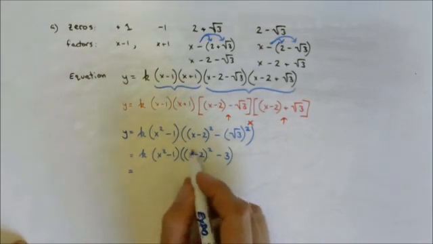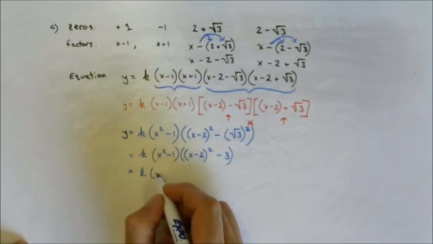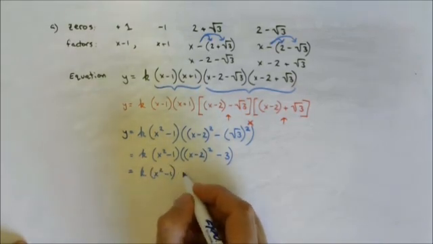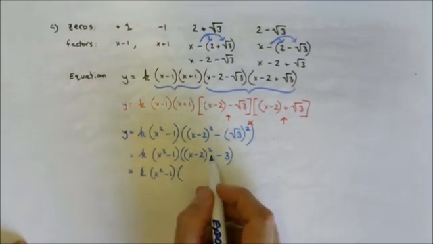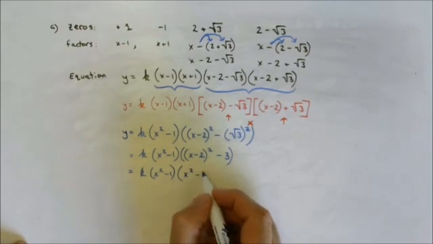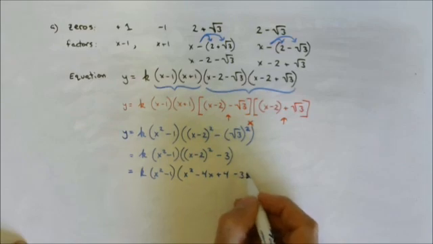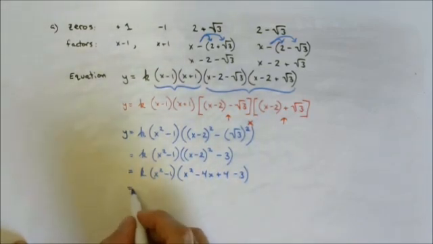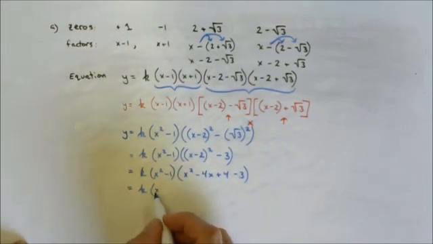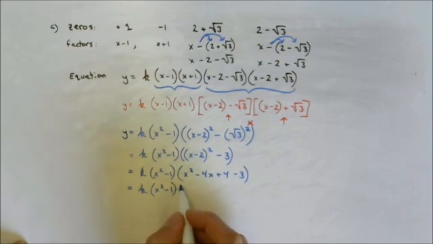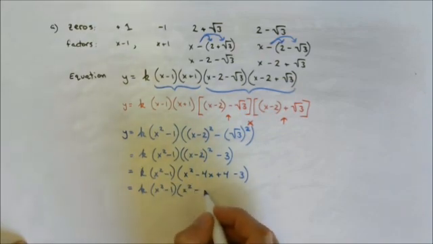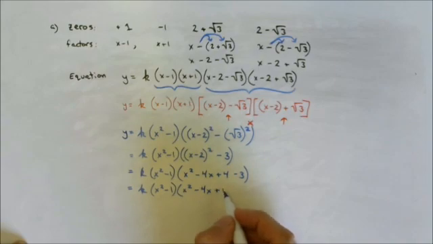We'll leave x squared minus 1. Then here we have x minus 2 squared. That becomes x squared minus 4x plus 4. And then we still have that minus 3 there. So we can simplify just that second bracket as x squared minus 4x plus 1.